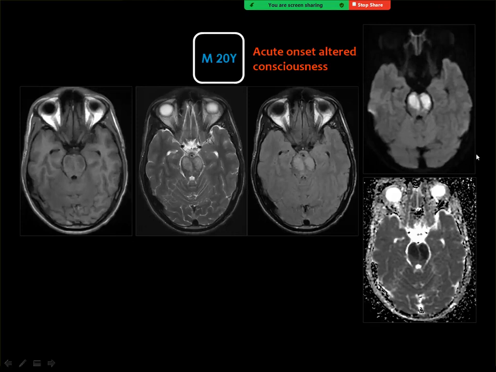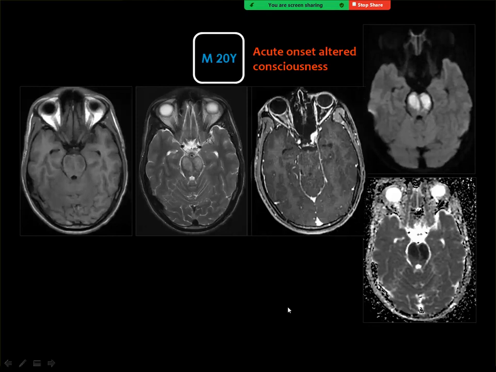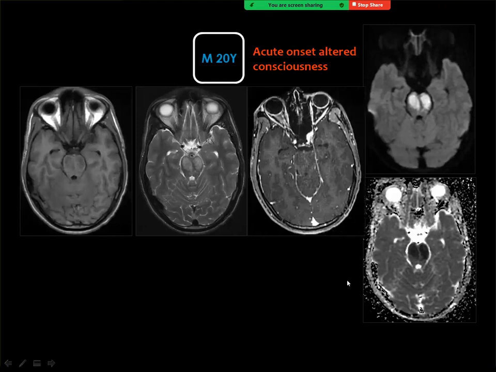Always think of infection or acute ischemic insult as the cause of lesions with diffusion restriction. Sometimes lymphoma can cause diffusion restriction. In this case, you have bilateral midbrain and pontine infarctions, and the underlying cause is occlusion of the basilar artery.